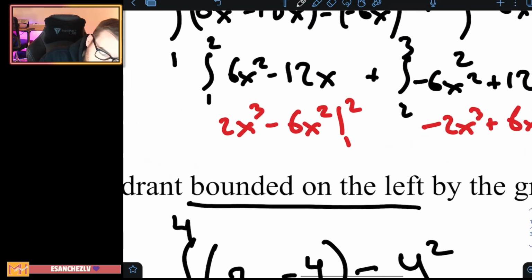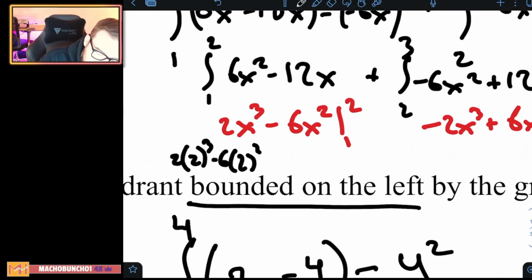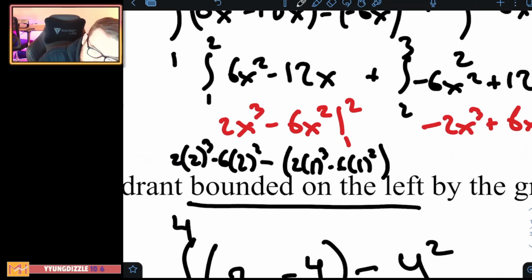And then when you do the bounds here, you do 2 times 2 cubed minus 6 times 2 squared, minus, plug in the 1, 2 times 1 cubed minus 6 times 1 squared. Plugged in the 2, boom. Subtract, plug in the 1, boom.